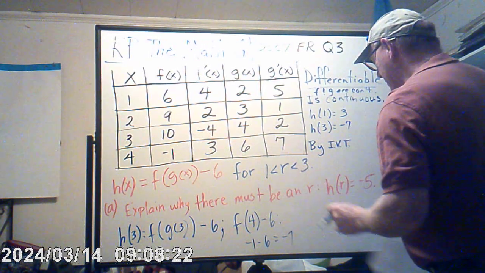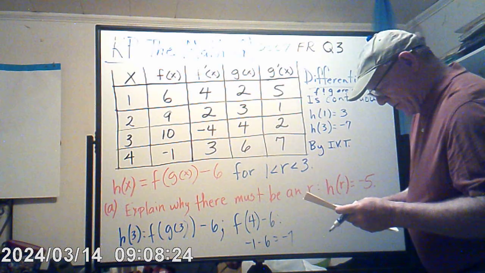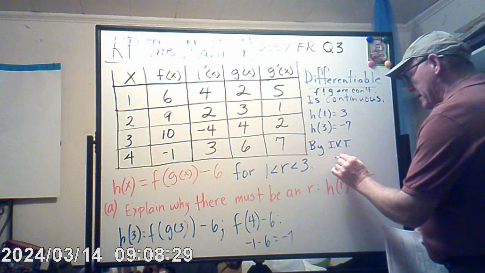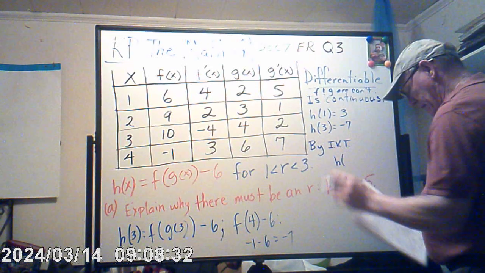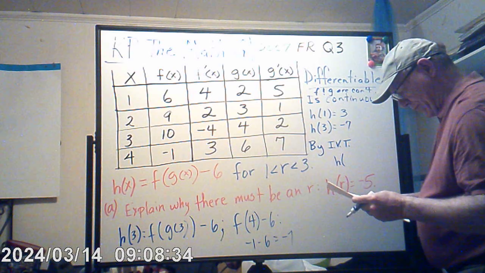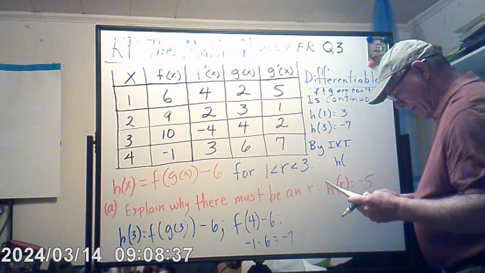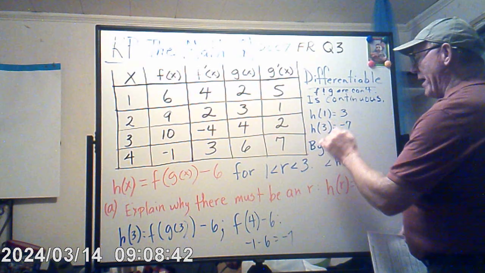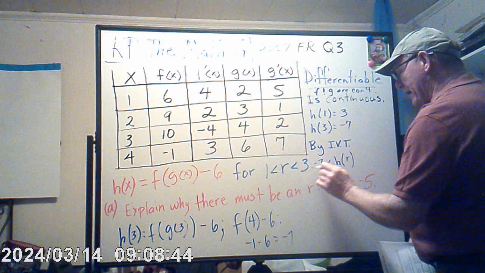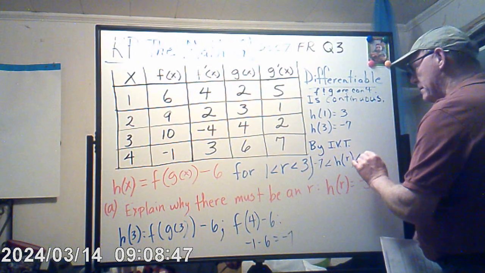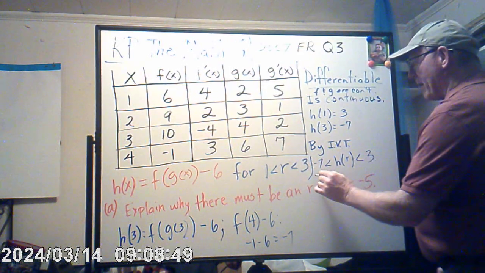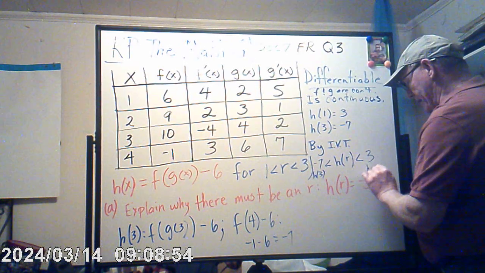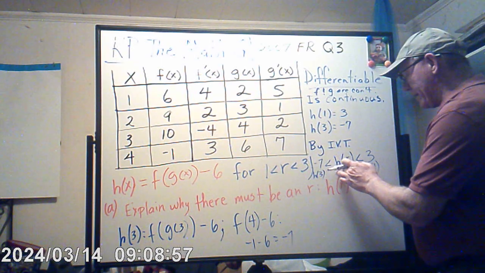So there is an r such that h at r is between negative 7 and 3, which, by the way, this was h at 3. This is h at 1. Doesn't matter what order they're in, as long as h at r is between those two.